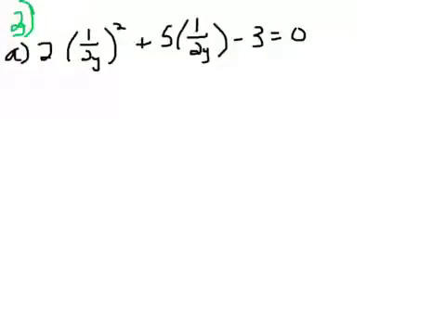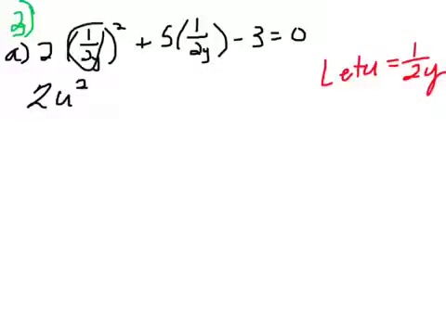All right, so what if I let u, in this case, we're going to use substitution. Let's let u equal 1 over 2y. Okay, so this would turn into 2u squared, because there's a u and here's a u over here, so it would be plus 5u minus 3 equals 0. Now you could do factor by grouping, splitting the middle term if you need to, but since we've got a prime number here and a prime number here, this one usually is a little harder to factor than the previous example.